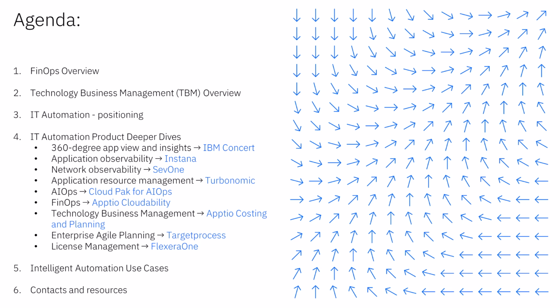And then at the end of that section, there is a prospecting guide for that particular product with some very detailed information. The Intelligent Automation Use Cases section provides more information on the use cases that you saw in the client deck. And then finally, we finish up with some contacts and resources for you.